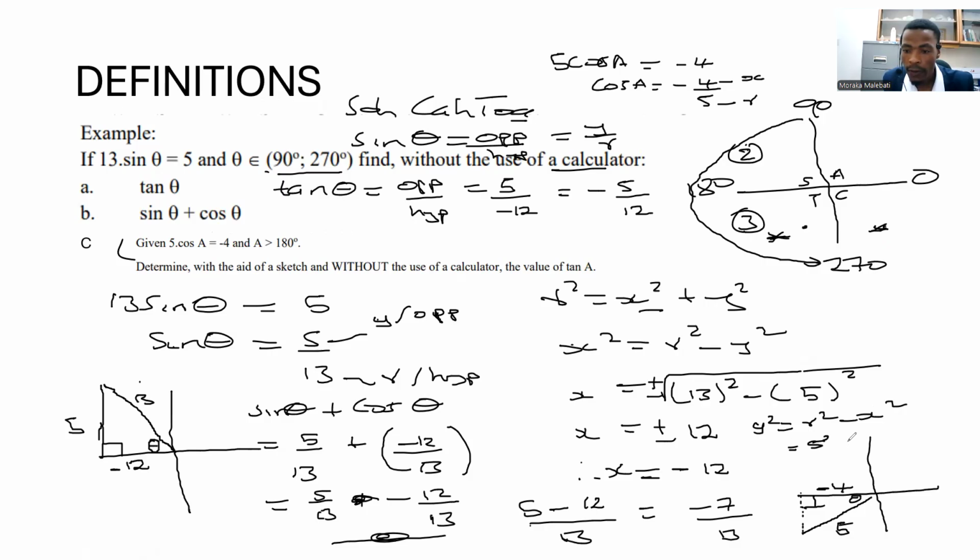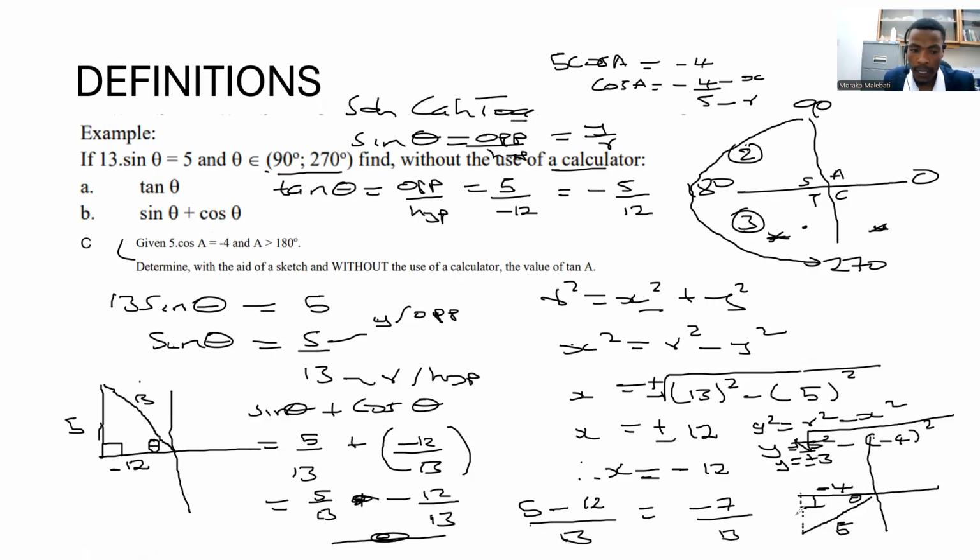Our r is 5 squared minus our x, which is minus 4 squared, and then everything square root, plus or minus. Then I get plus or minus 3. Sorry, it's messy. So our y is plus or minus 3.